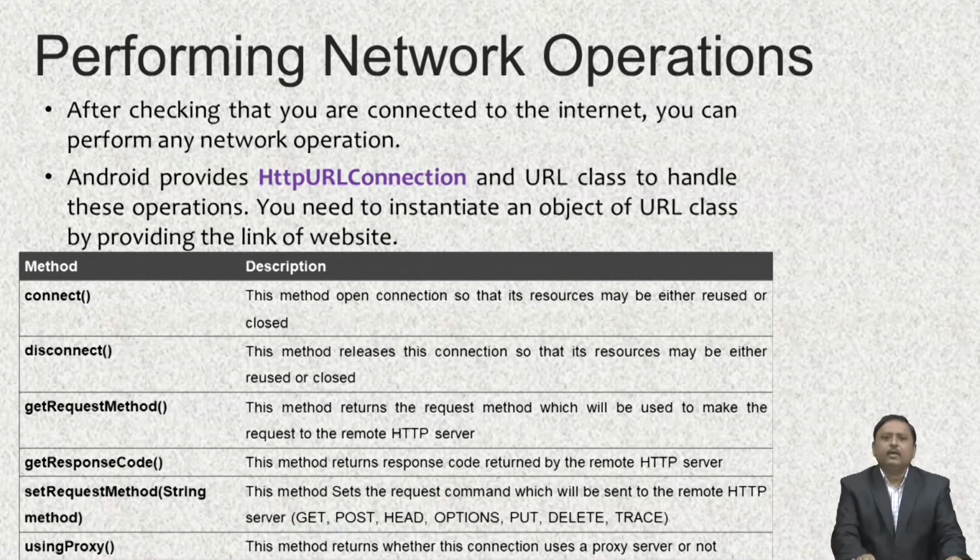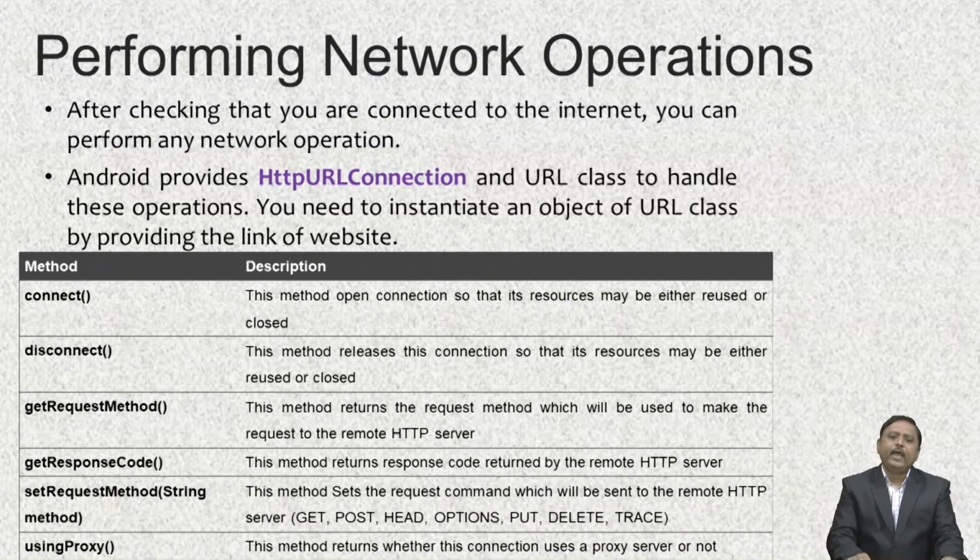connection. The first method is connect. This method opens a connection so that its resource may be either reused or closed. So connect is used to connect to that remote URL. Then we have the disconnect method to release the connection so that its resource may be either reused or closed.